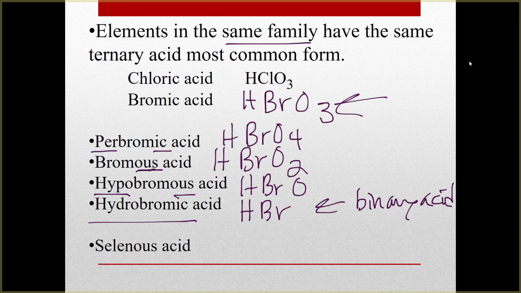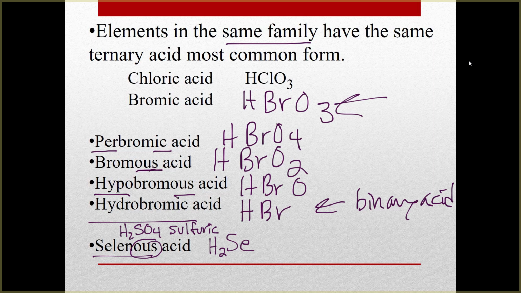Let's look at this one. So if I told you that H2SO4 is sulfuric, so there's your clue, then what is selenous? Well, selenium is in the same family as sulfur, so it's going to have the same pattern. But look, they're asking for the ous, so that means 1 less oxygen. So this would be H2, so the hydrogen number doesn't change.